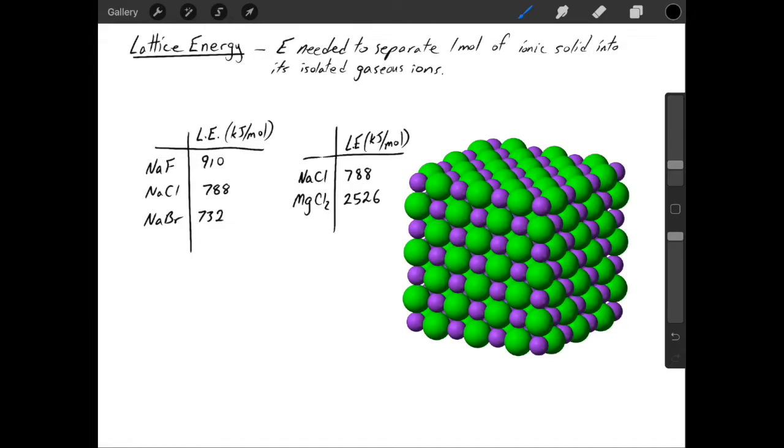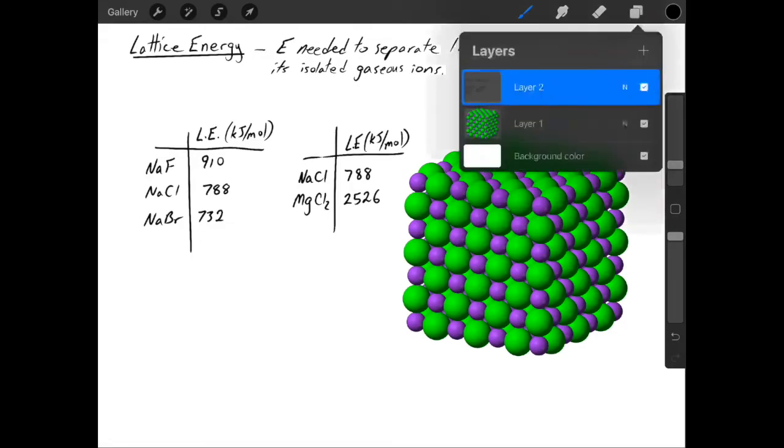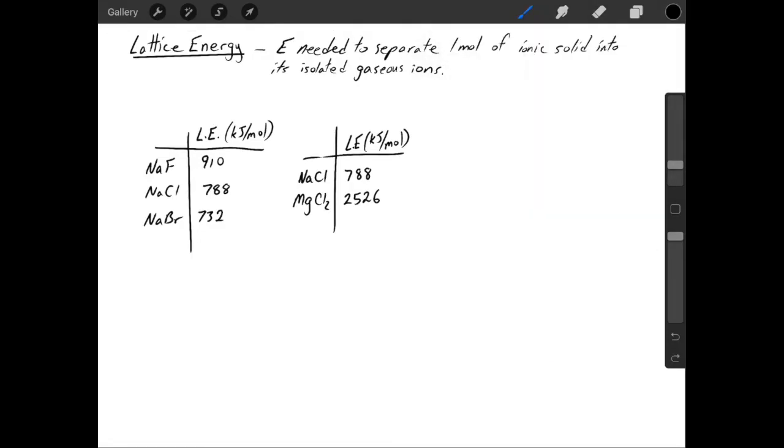We can explain this if we think about how electrostatic attractions work. Lattice energy is very much proportional to a standard electrostatic attraction. So we can write the following: lattice energy is proportional to the charge for one ion times the charge for the second ion, divided by the distance between those ions.